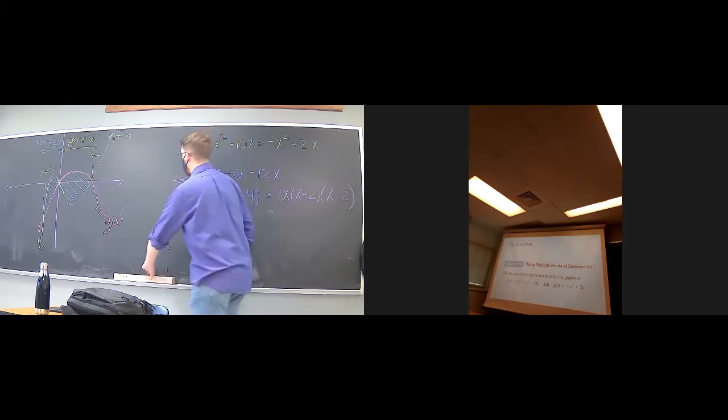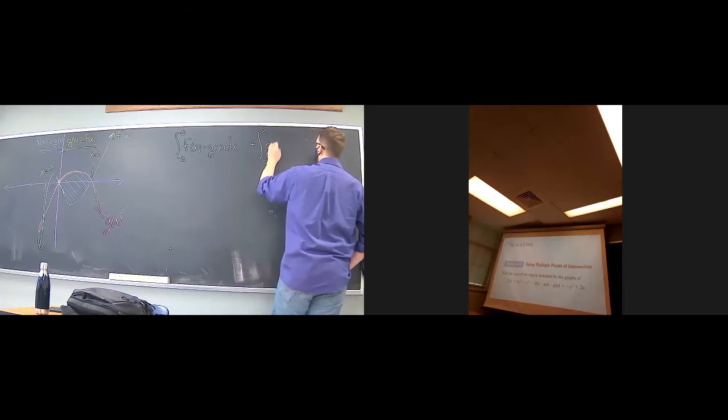So we have to break up our integration into two parts. That's what this is telling us. Does that make sense? Folks at home, does that make sense? Yeah. Awesome.